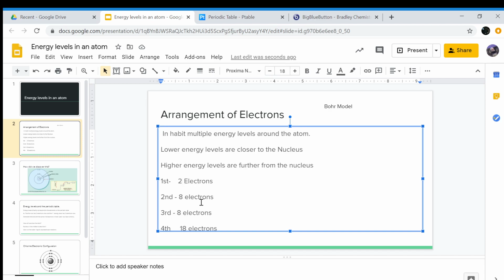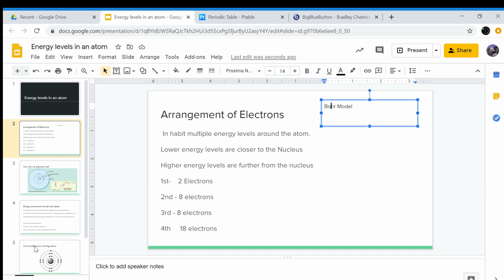And then the third energy level technically has 18, but we also say that it has 8 electrons, which for most of our purposes is going to be just about right. And then the fourth one we're going to say has 18. This will come into play in just a little bit. And this is what's called using the Bohr model.